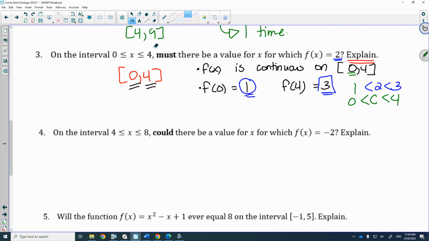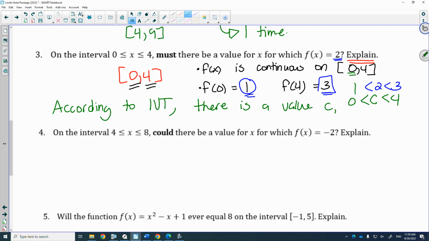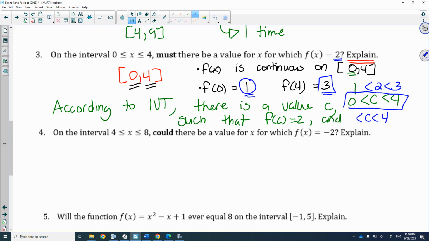And how we'd write this as a sentence is: according to the intermediate value theorem, so according to the IVT, there is a value c such that f of c is equal to 2, because we know if we're going from 1 to 3, we're going to be cutting a y value of 2. And then we say that this inequality again, c is less than 4 and greater than 0.